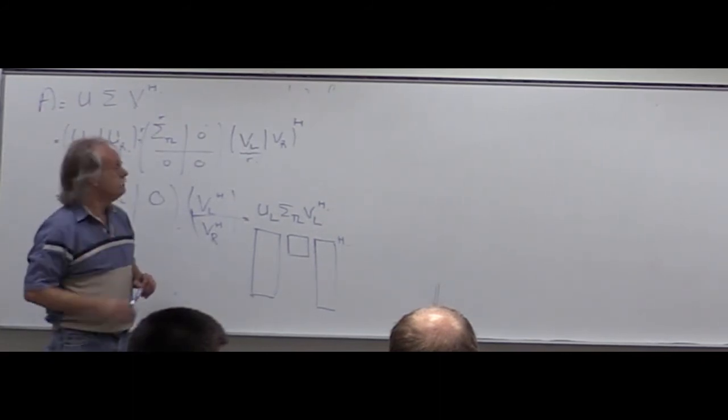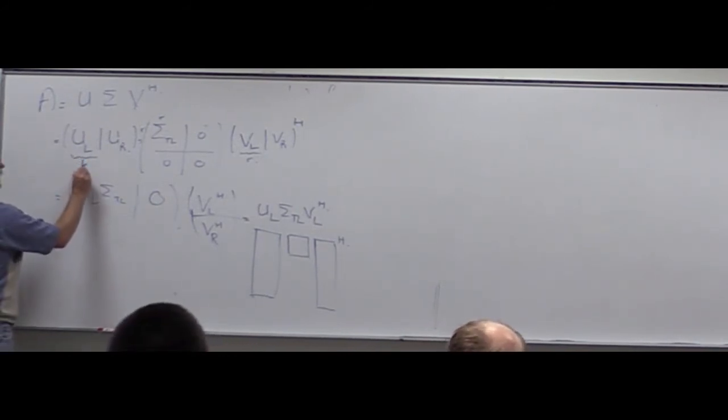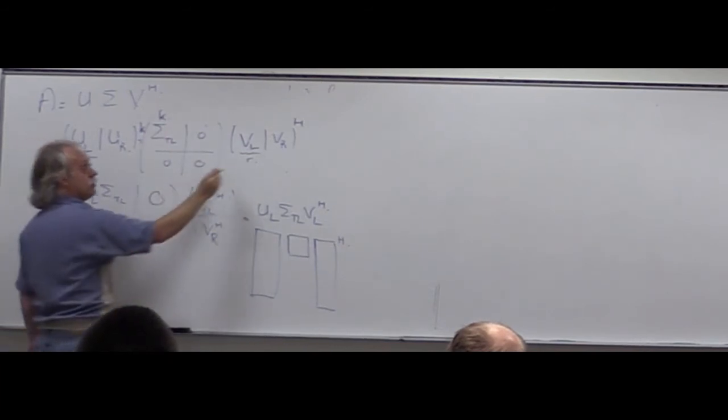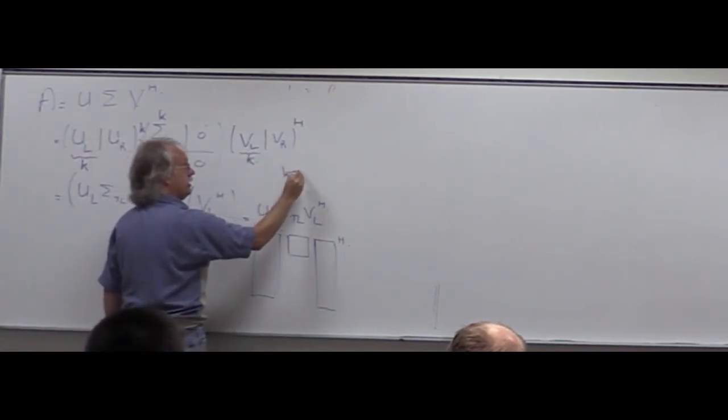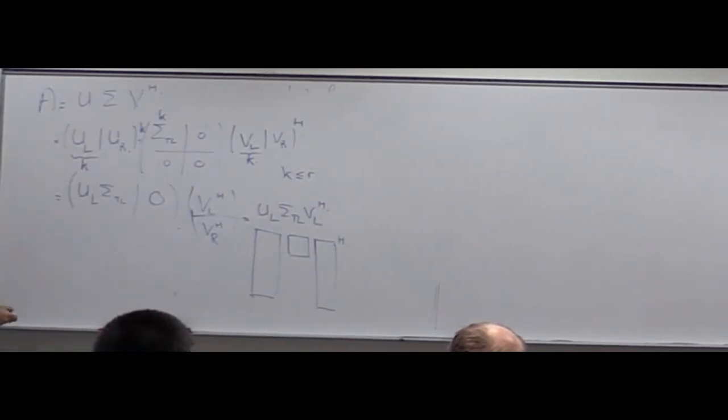Now, you could say, let's take this to be k columns, k by k rows and columns, and k columns, where k is less than or equal to r. Then it would no longer be the case.